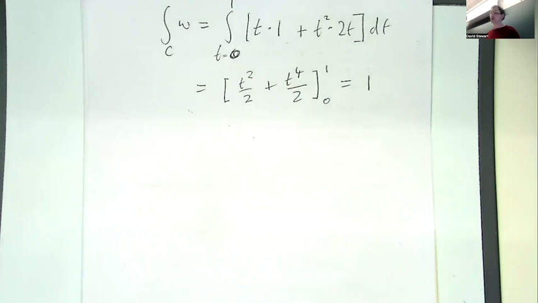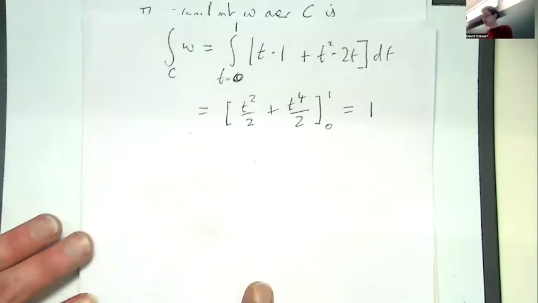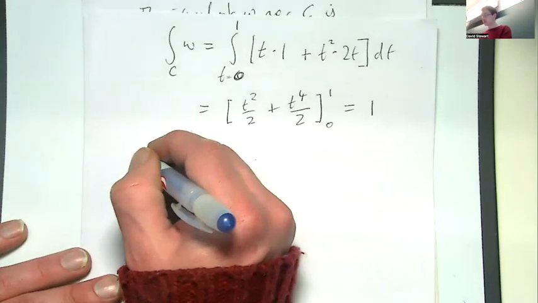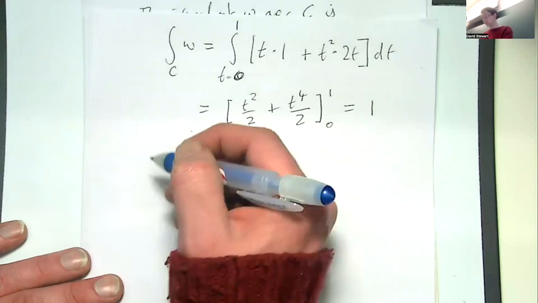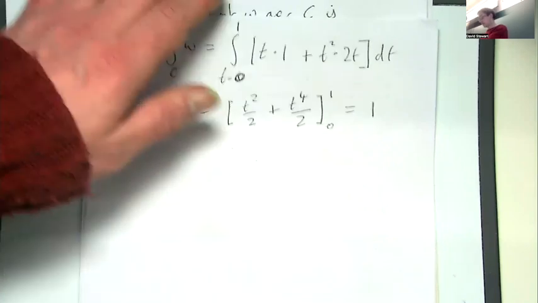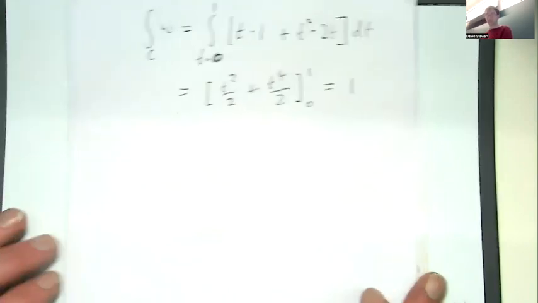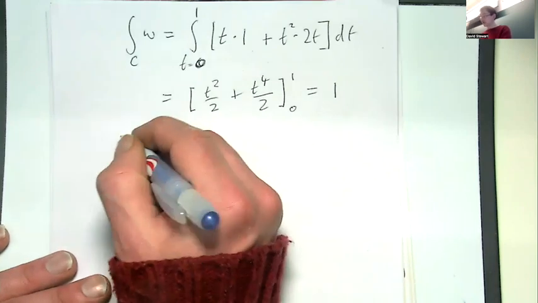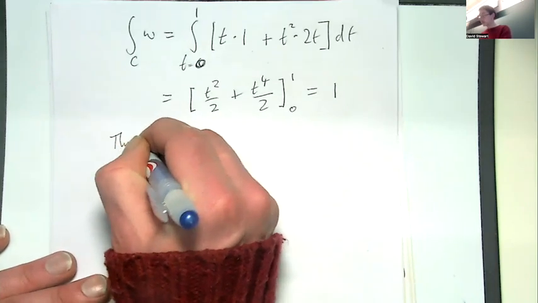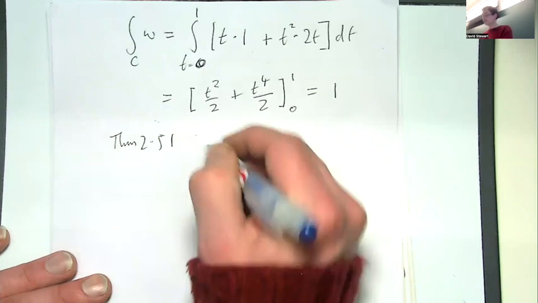So what we want to know is that it doesn't depend on the parameterization we pick. And up to orientation, that is true. We're not going to prove this theorem, but I'm just going to state it, which says precisely that it doesn't matter which parameterization you pick. So theorem 2.51.